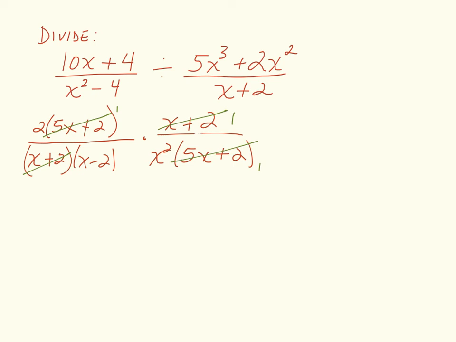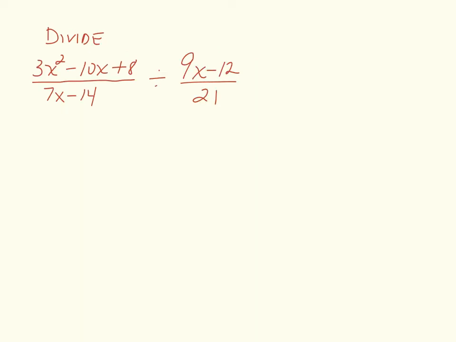So ultimately what we have is 2 times 1 in the numerator over x squared times x minus 2. Let's factor 3x squared minus 10x plus 8.